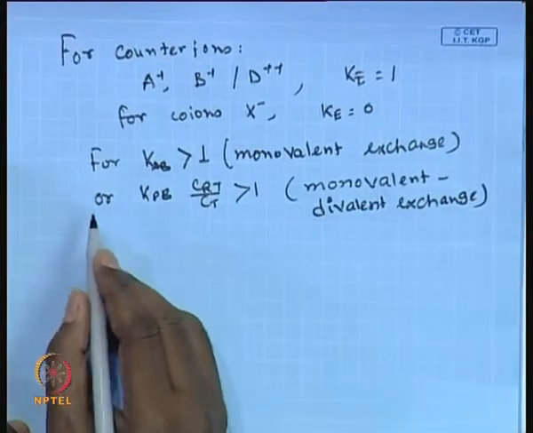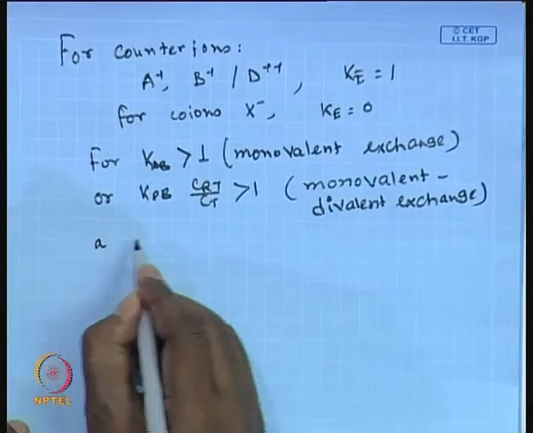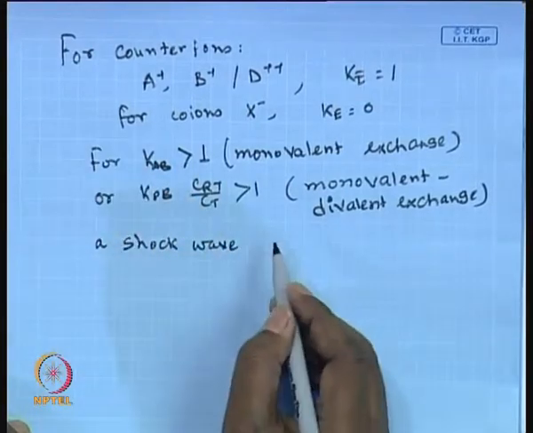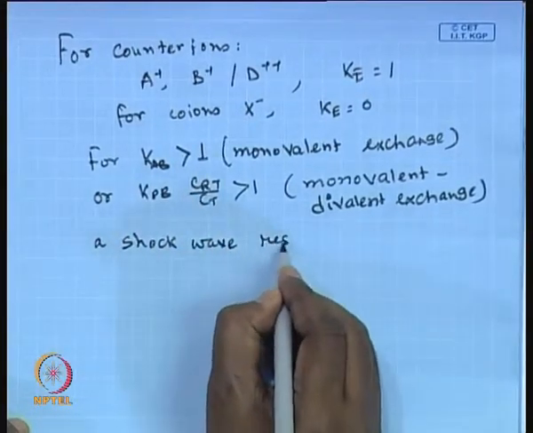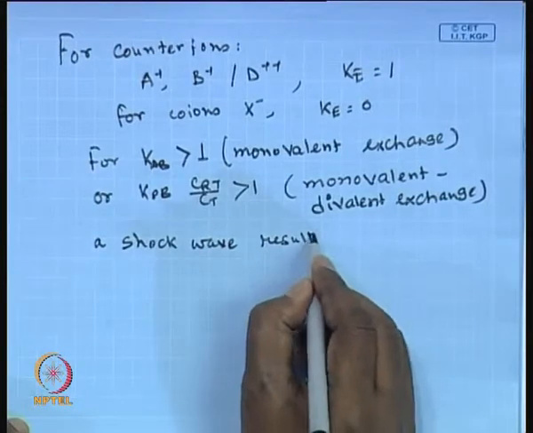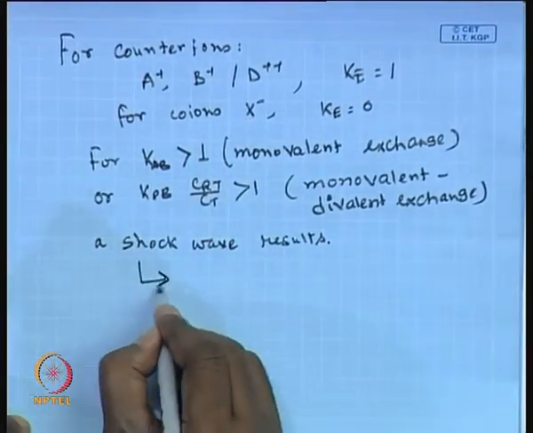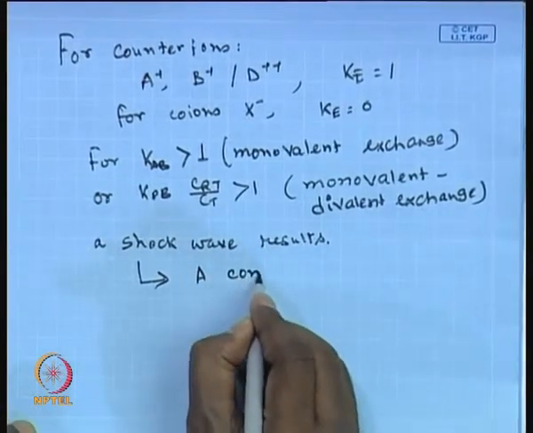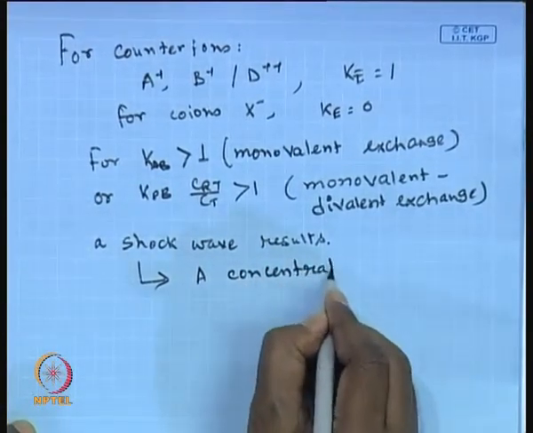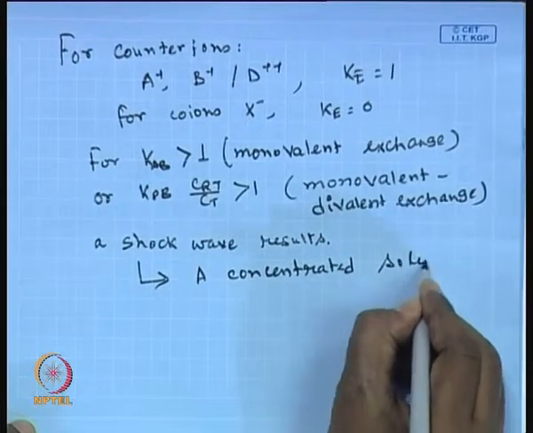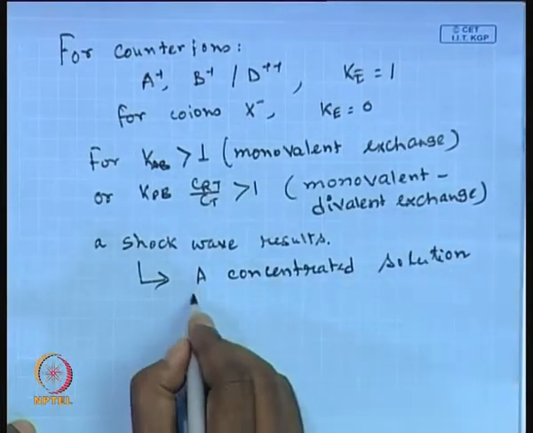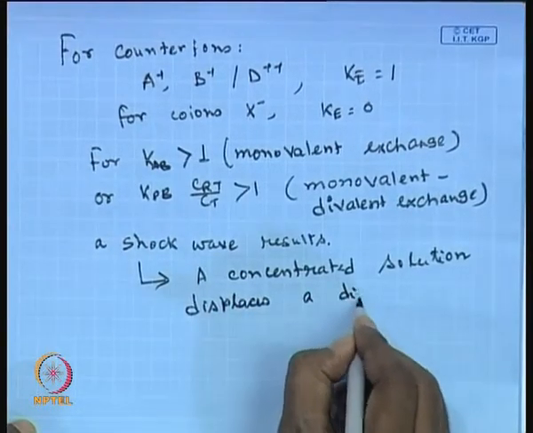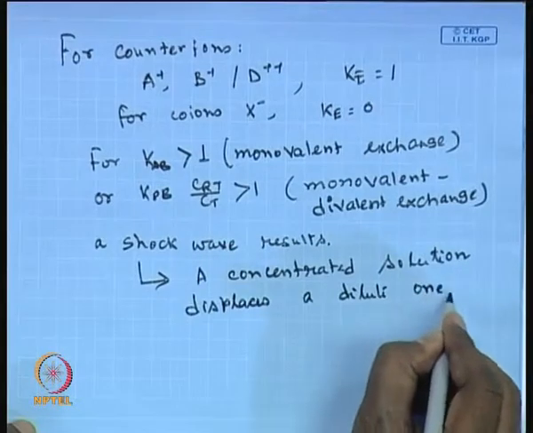It results in a shock wave. That means, for these values greater than 1, a shock wave results, and as we have defined shock wave in the earlier class, if a concentrated solution displaces a dilute one, okay, then it is a shock wave.